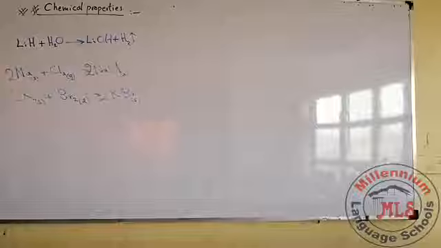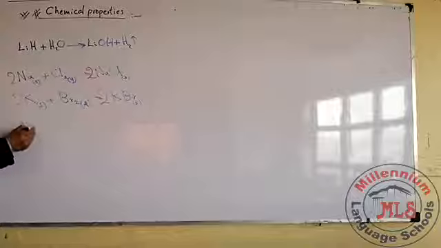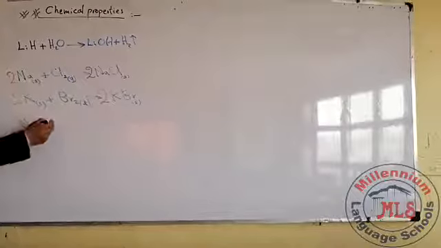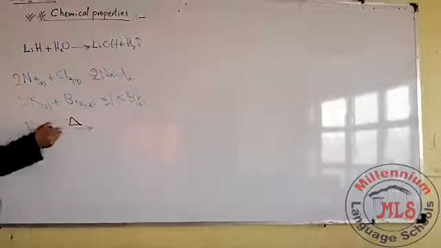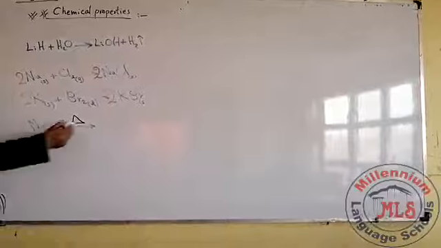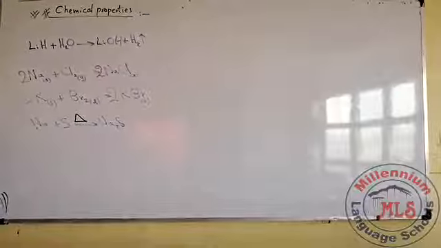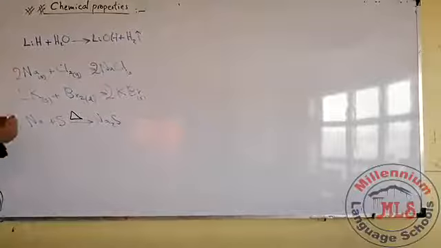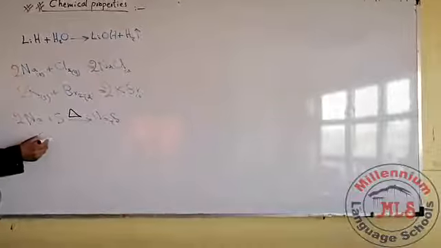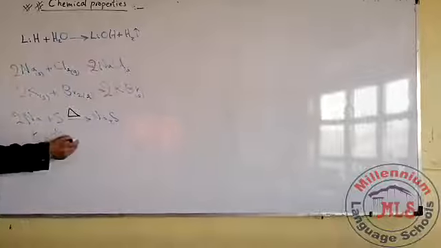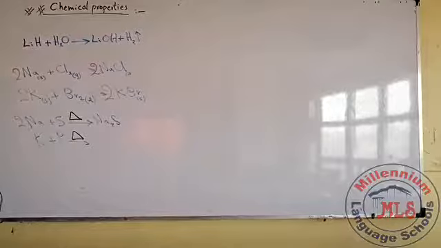Now let's move to the next point. The reaction with other nonmetals. For example, sodium reacts with sulfur by heating. This gives sodium sulfide. To balance this equation, we put here 2. Potassium and phosphorus by heating forms potassium phosphide.